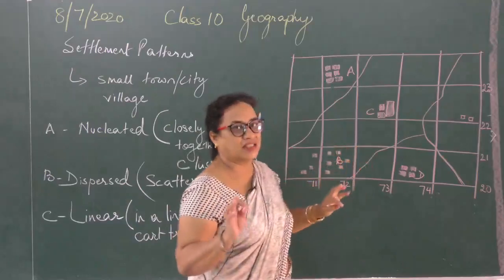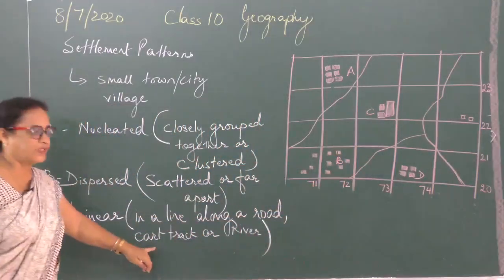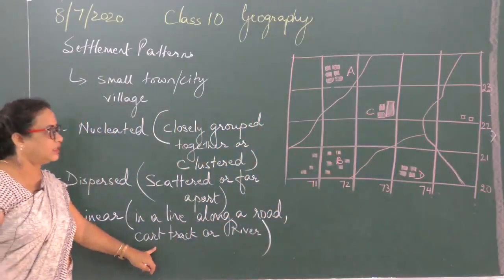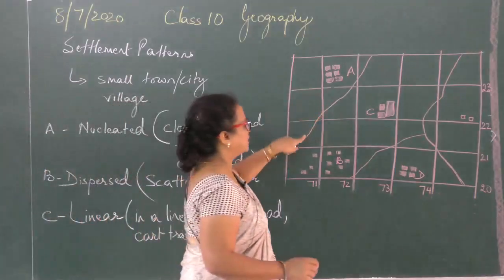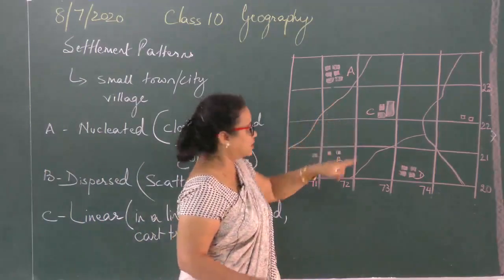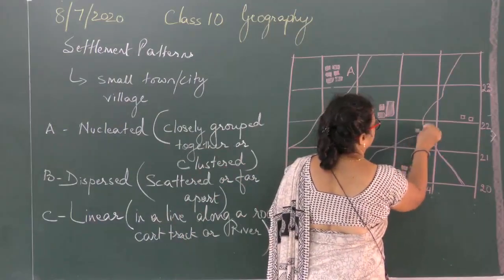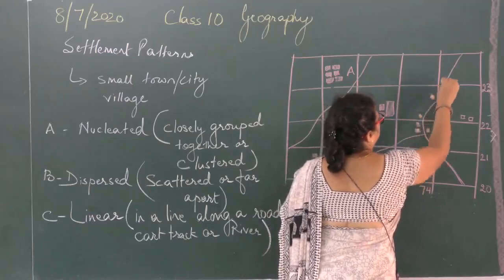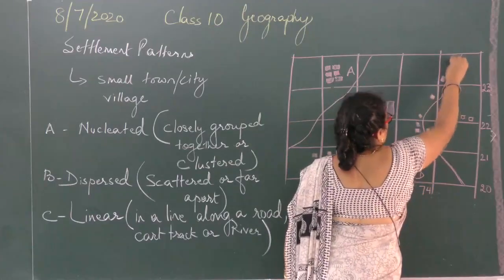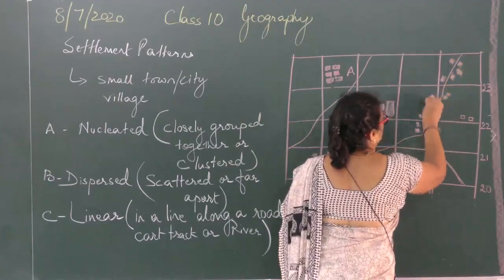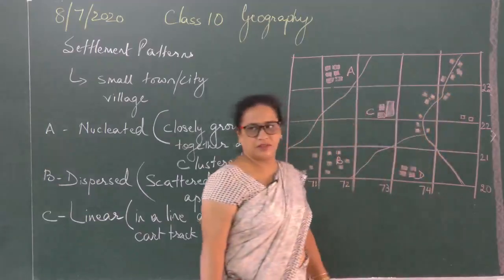We call it a cart track. I have written that over here. A cart track. Clear? Again I repeat, red lines symbolize cart tracks. Now along a cart track, suppose there are red blocks like this on either side with gaps also. Clear? This will be called a linear settlement.